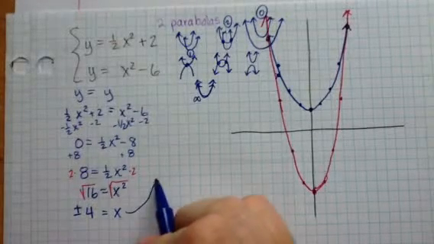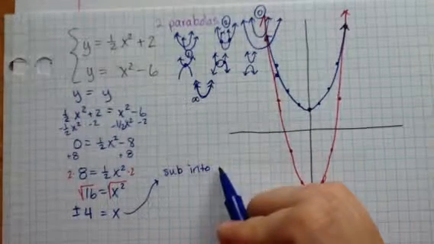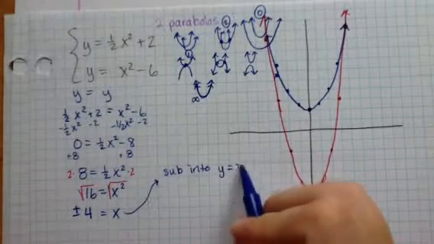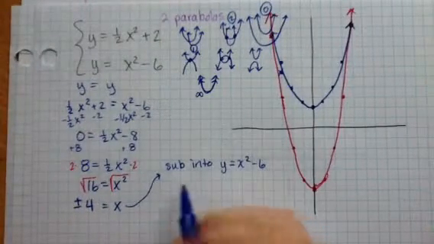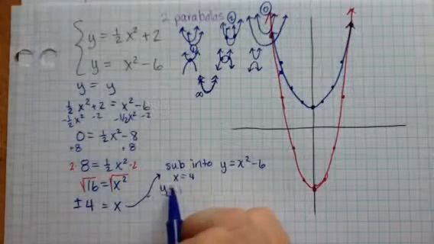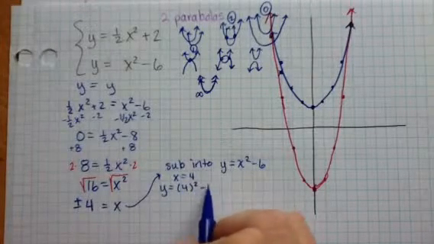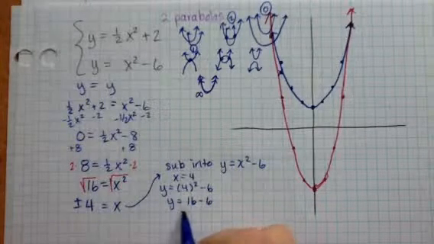So I'm going to substitute those into one of the two equations. I guess y equals x squared minus 6 probably looks easier, so I'll do that. If x equals 4, that gives me y equals 4 squared minus 6, which is 16 minus 6, or 10.